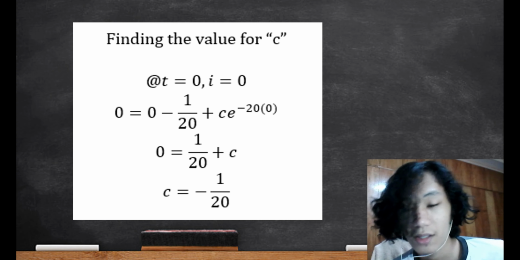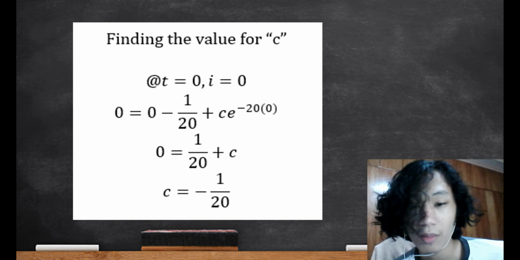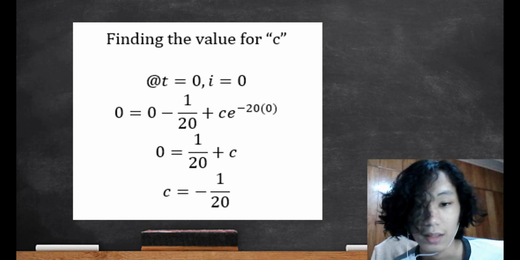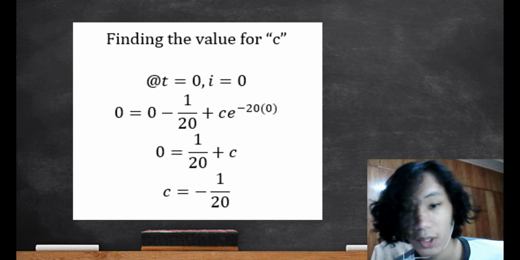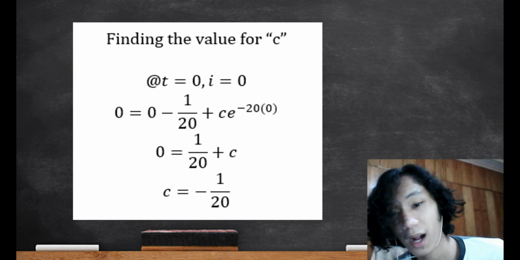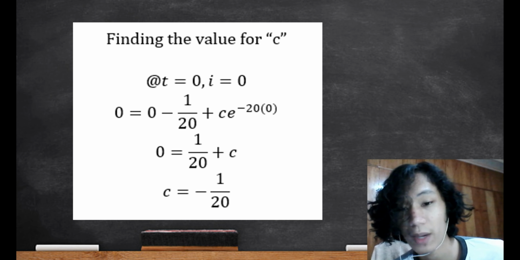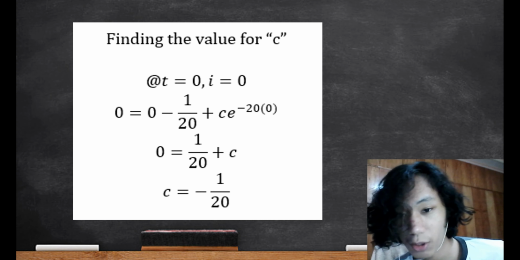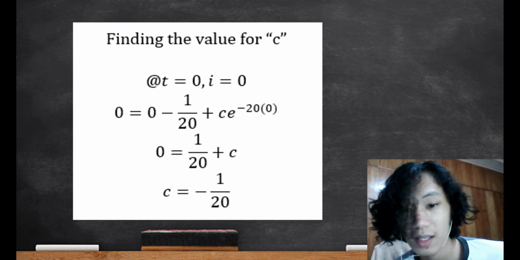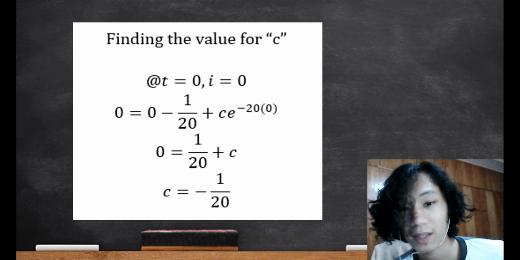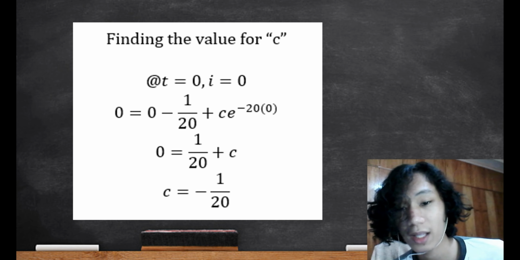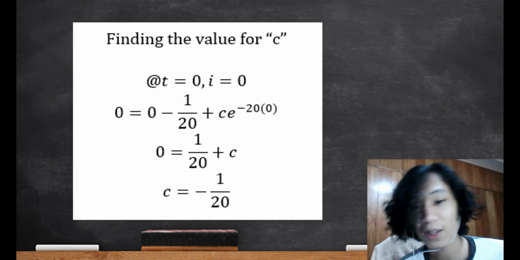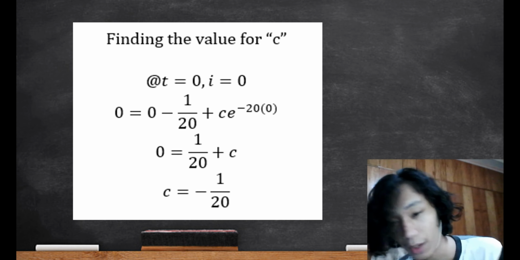We get 0 = 0 minus 1/20 plus c times e raised to negative 20 times 0. As we know, e raised to 0 is equal to 1, so 0 = negative 1/20 plus c. Transposing 1/20 to the left side, we get c = 1/20. So the value of c is 1/20.